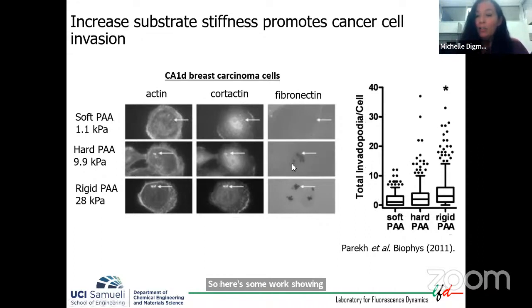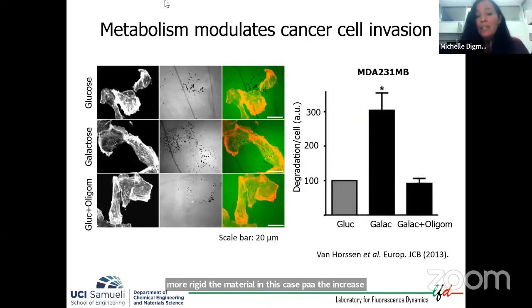These are tiny little holes that the cells puncture in gelatin. And you can see that the more rigid the material, in this case PAA, the more they increase the invadopodial dynamics. And we see that metabolism modulates cancer cell invasion.